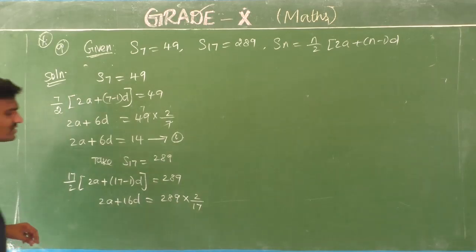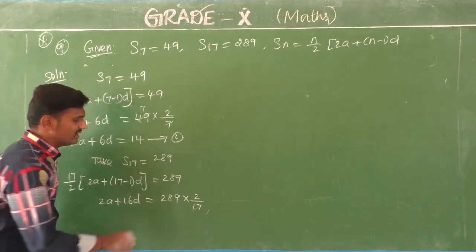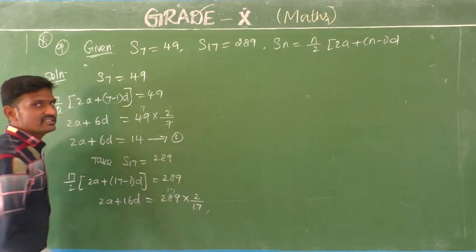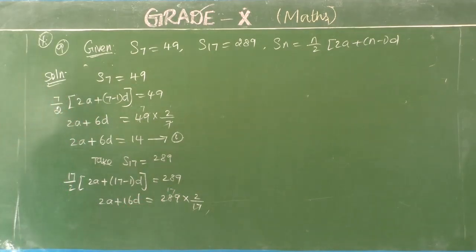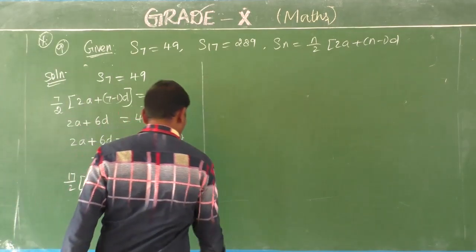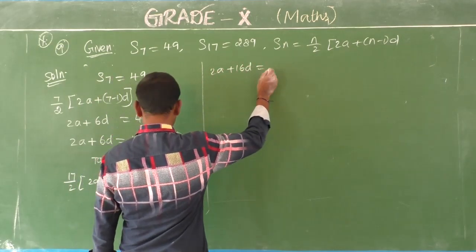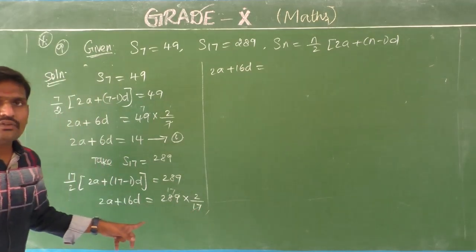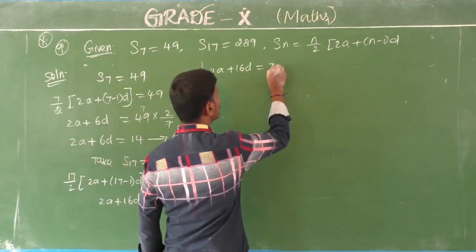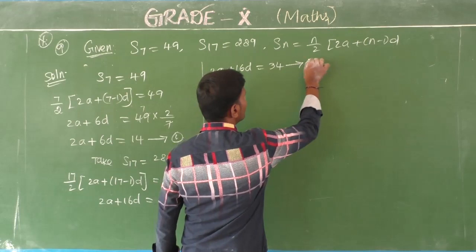Now the simplification, 1 seventeen is 17, 17 seventeens is 17 square, 289. Now the final answer is 2a plus 16d which is equal to 17 twos, what will come? 34. So this is your equation number 2.